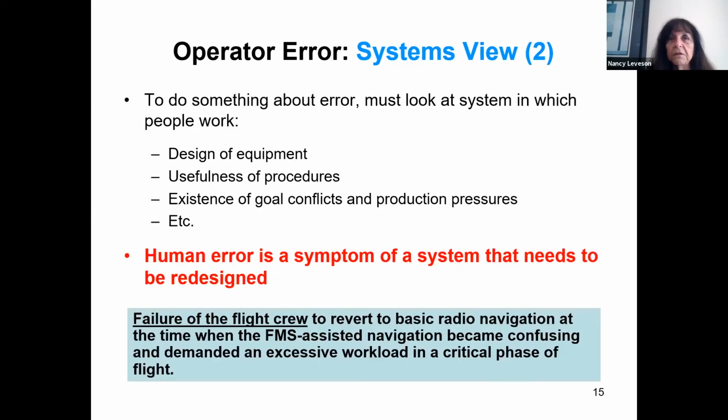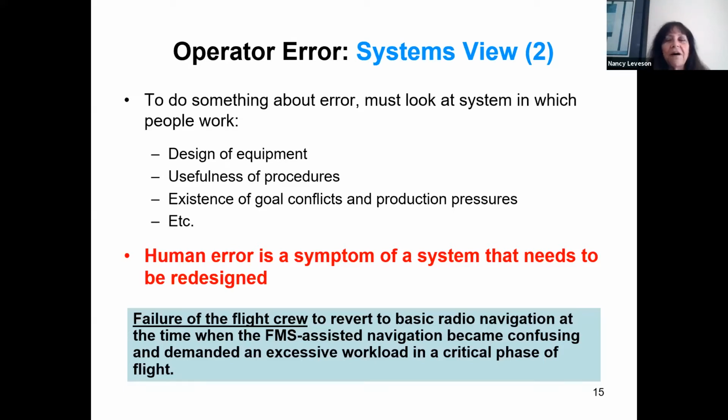So to do something about error, we need to look at the system in which people work, the design of the equipment, the usefulness of the procedures, the existence of goal conflicts and production pressures, and so on. Bottom line, which at first sounds like a very strange conclusion: human error is a symptom of a system that needs to be redesigned.